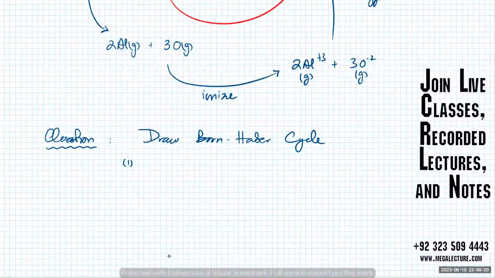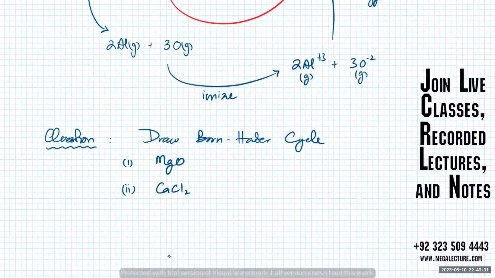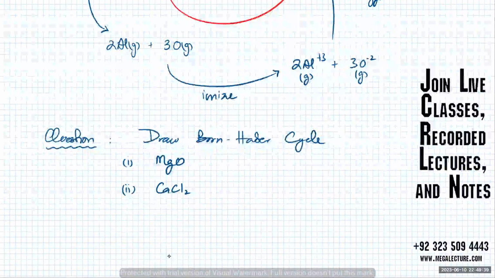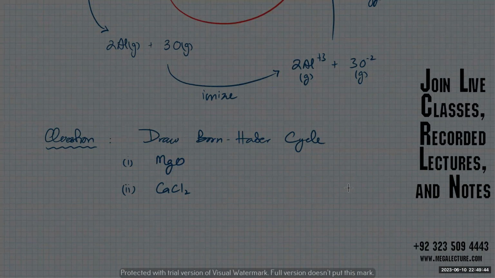Number one, do it for MgO. Number two, do it for calcium chloride. That's it. Draw 2 Born-Haber cycles, one for MgO, one for calcium chloride. Okay? So just try and do this one.